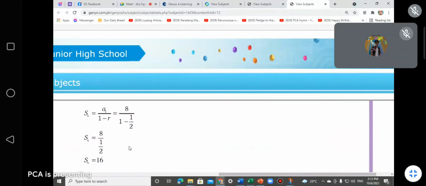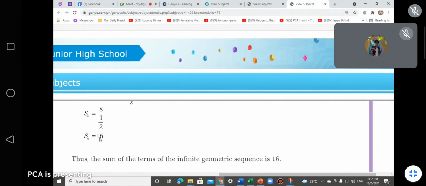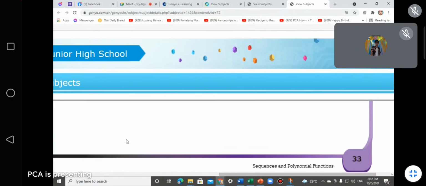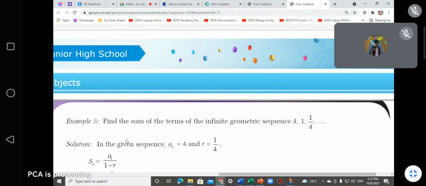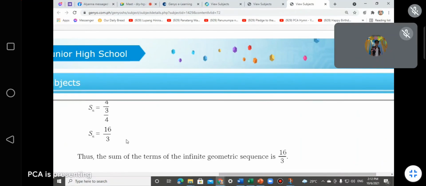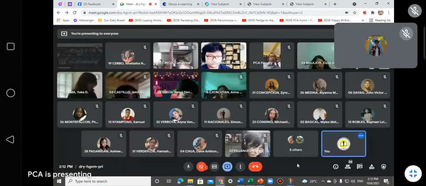So if you have a first term of 8 and a ratio of 1/2 going towards infinity, the sum of those terms will give you 16. Understand? That's what infinity is all about. And number 5, check it also. n is not replaced by a number because it's infinity.